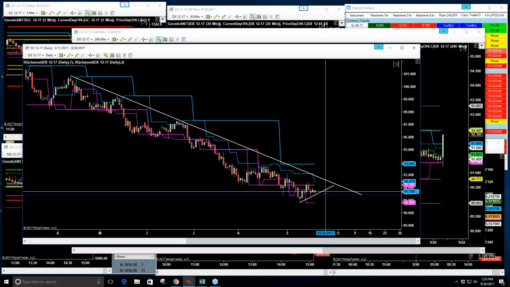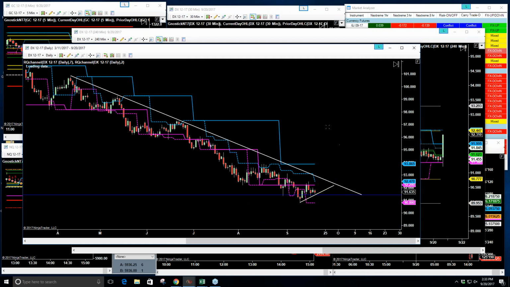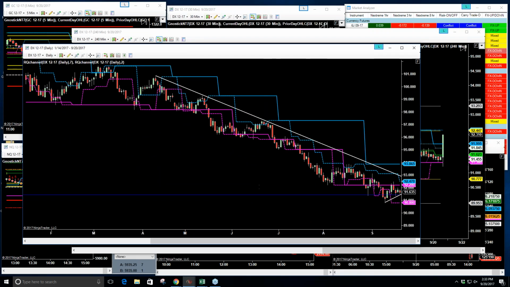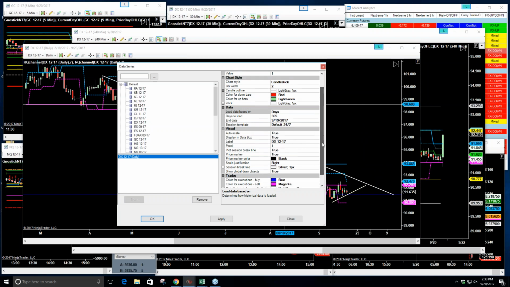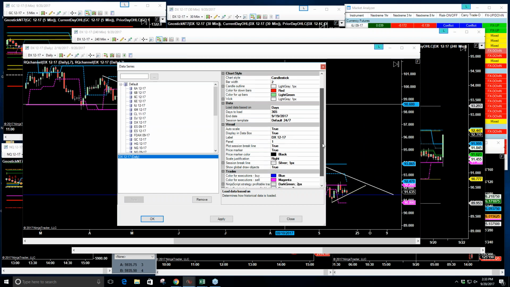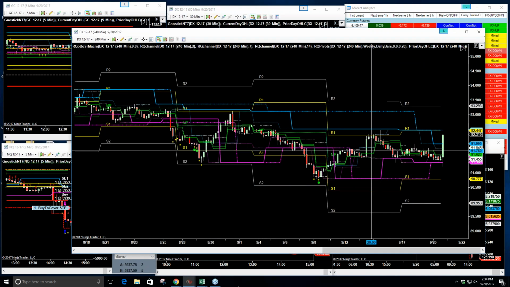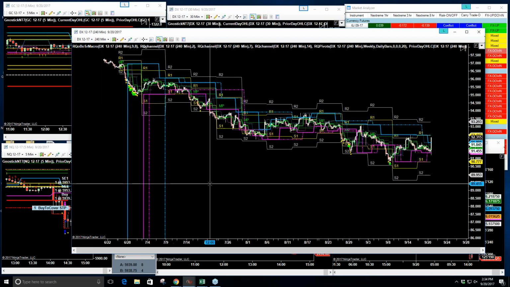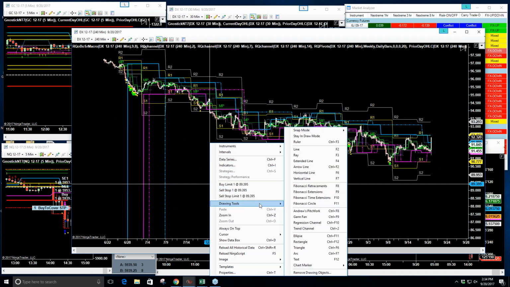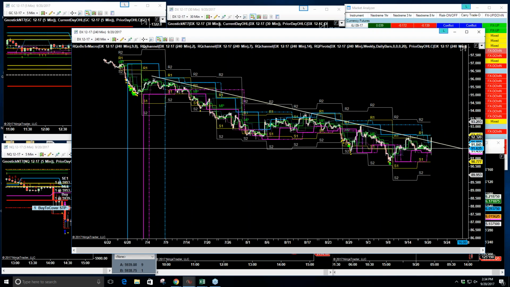This thing did not update. Something's not right with that. I'll go ahead and do it on this chart. Pretty much the same thing. But I want to see if it broke or not. Yeah, sure did.